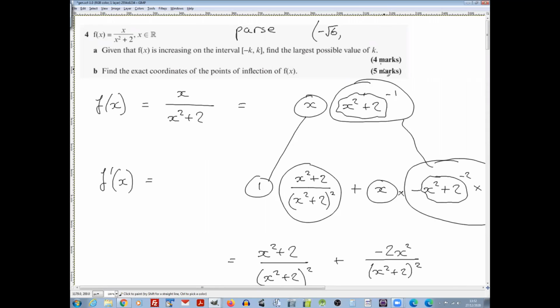You're plugging minus root 6 in here, yeah? So you've got minus root 6 on top. And what have we got on the bottom? Minus root 6 squared plus 2.